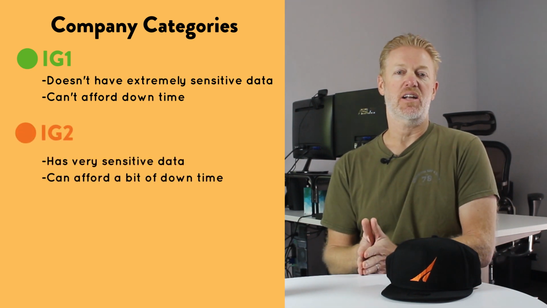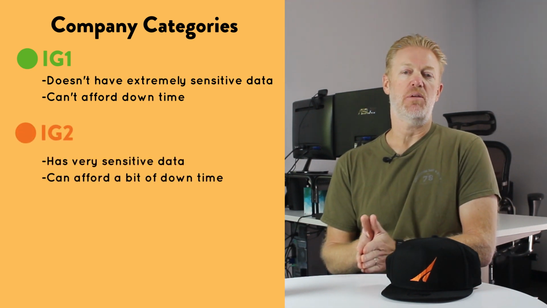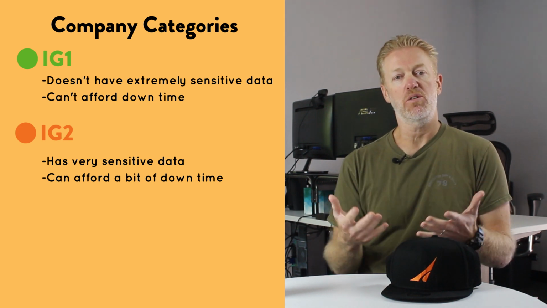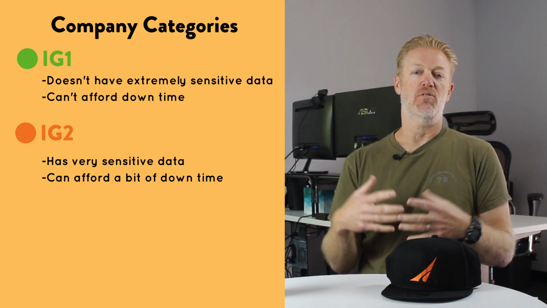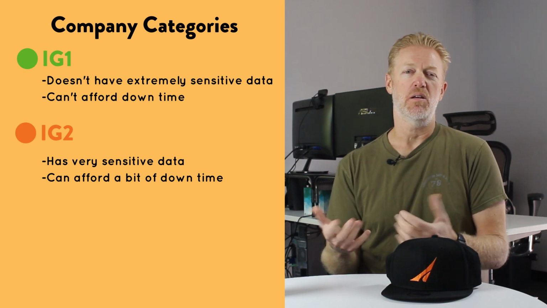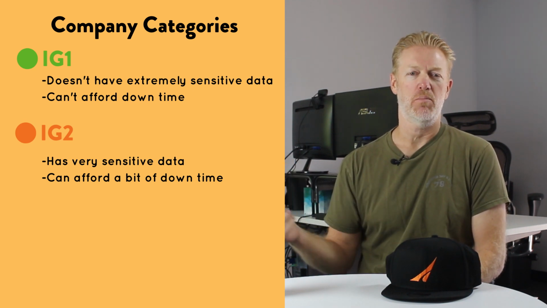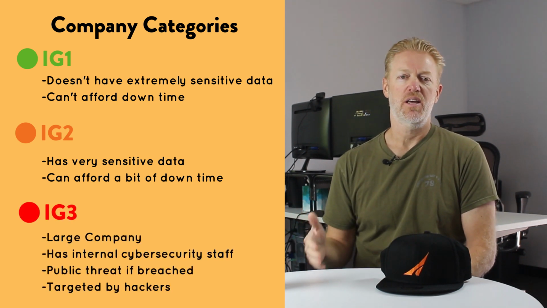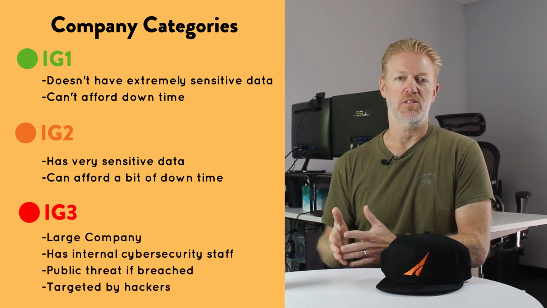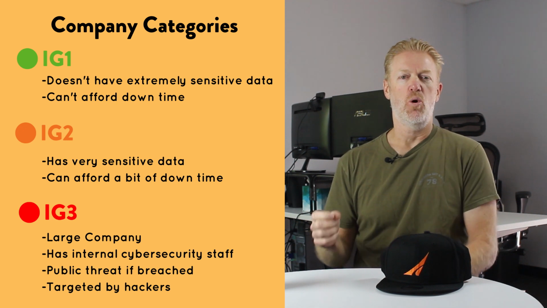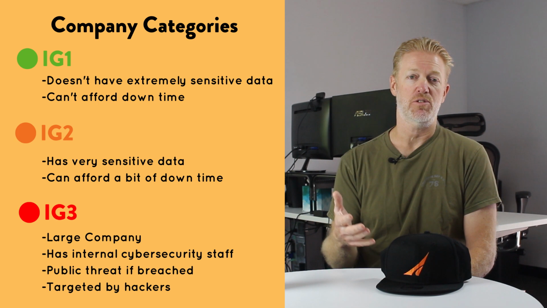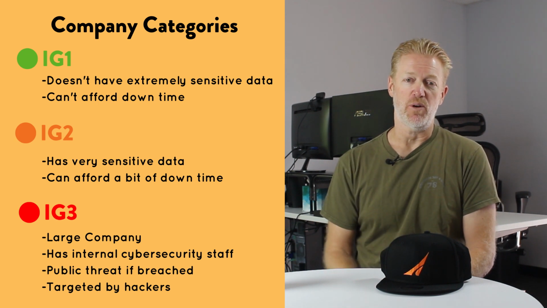The second category is maybe if your data is important to you, like maybe you have a certain level of compliance your company needs to meet, but you're not quite a major public security risk when it comes to cybersecurity. Then the third category of line items is things that only companies who pose a major public threat if there's a cybersecurity breach should be following, okay?